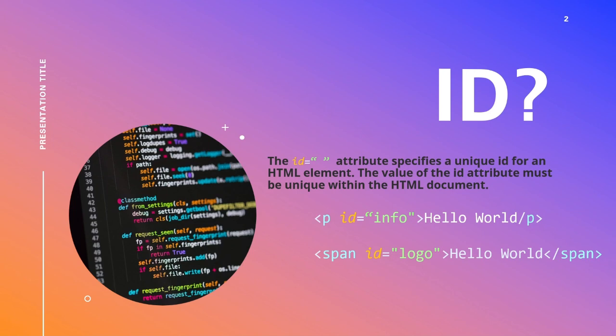So in my HTML I would define each one of them separately with different names, because they cannot be used again, because it's a unique way to identify an element.